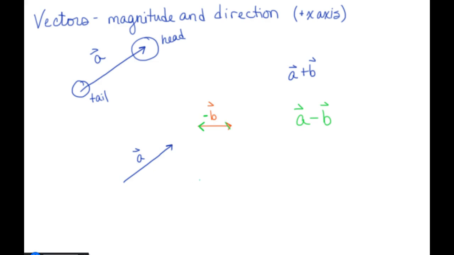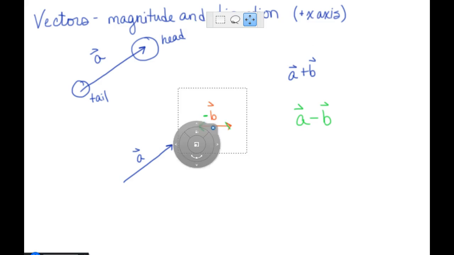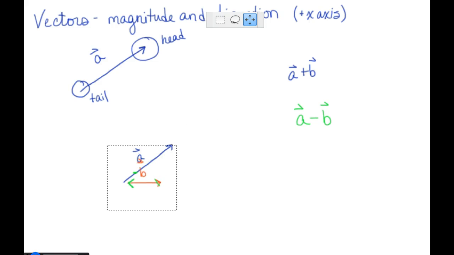So to get vector A minus vector B, we are going to move vector negative B so that vector negative B is on the head of vector A. Or we can move vector negative B so that its head is here at the tail.